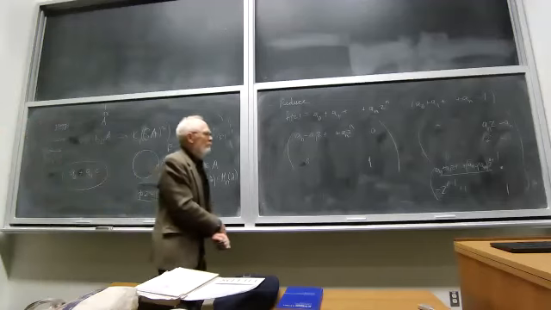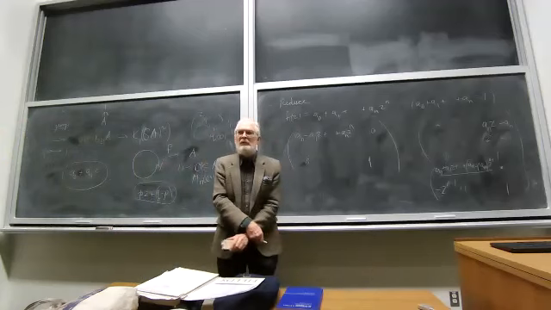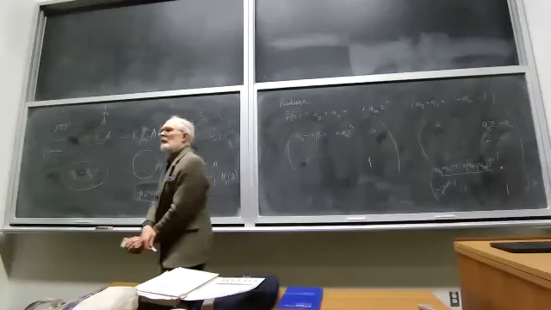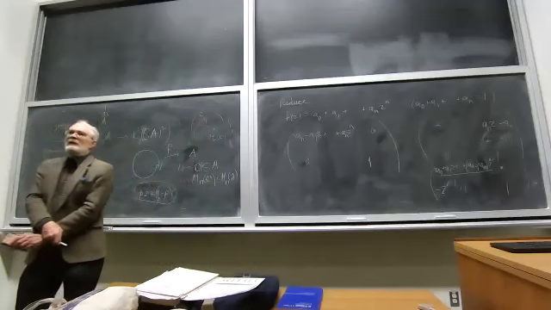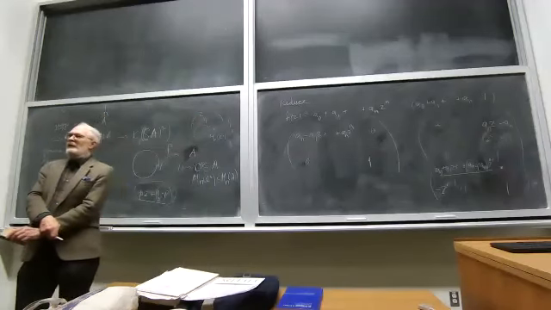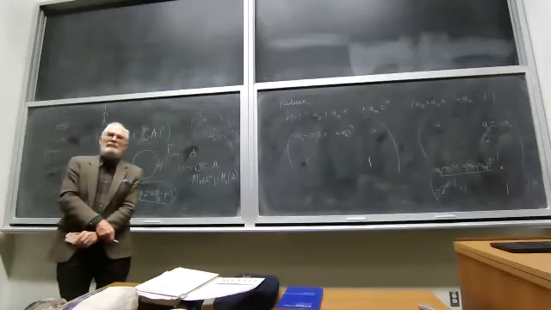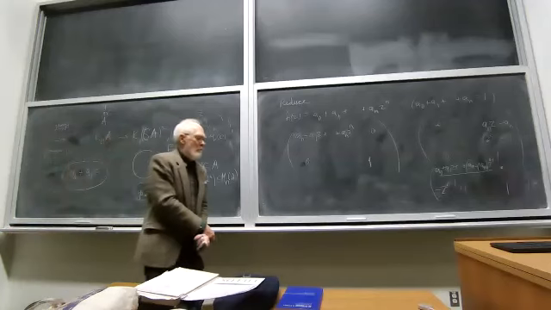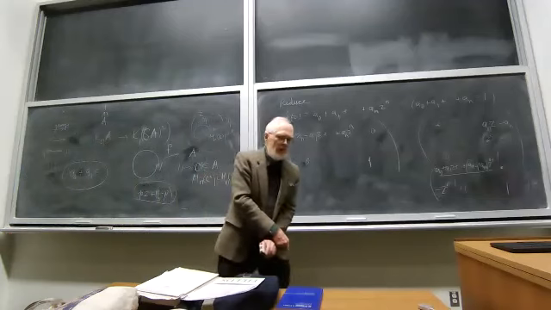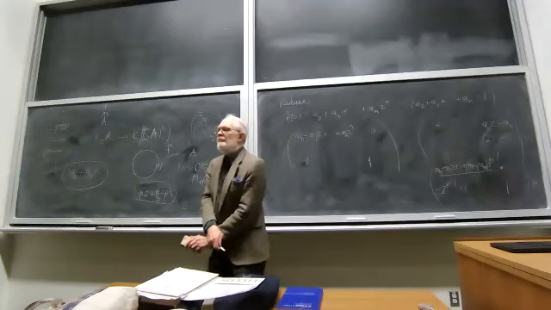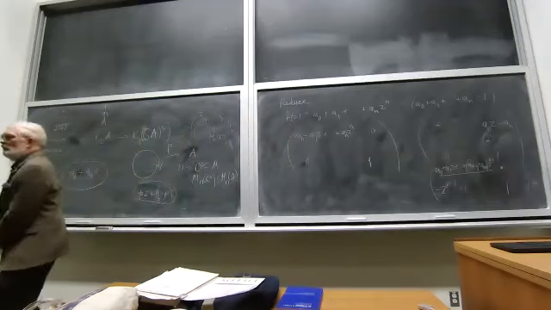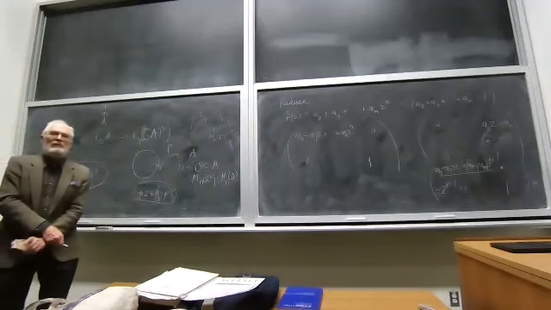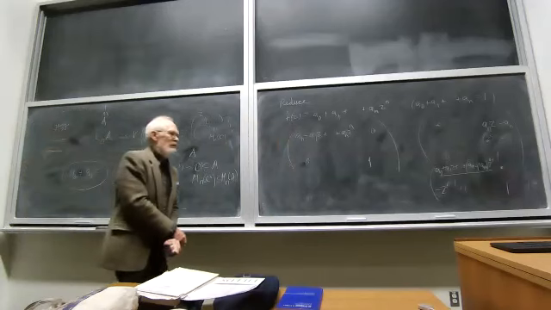How many people have studied complex analysis? Good. Well, good for the ones that have. This is something called the holomorphic functional calculus, just like the spectral theorem is the continuous functional calculus.